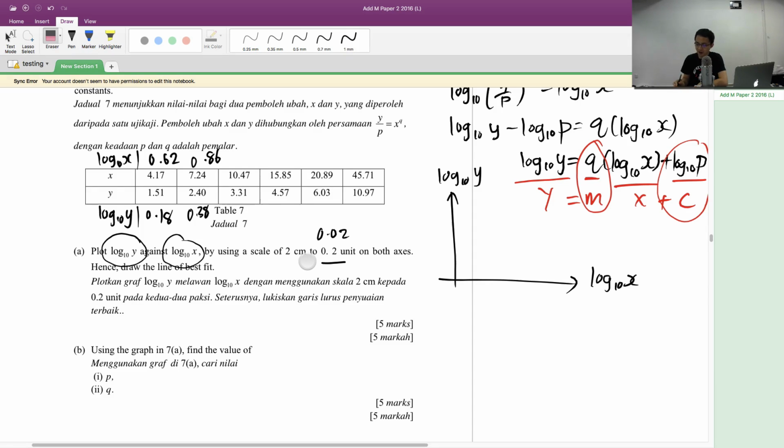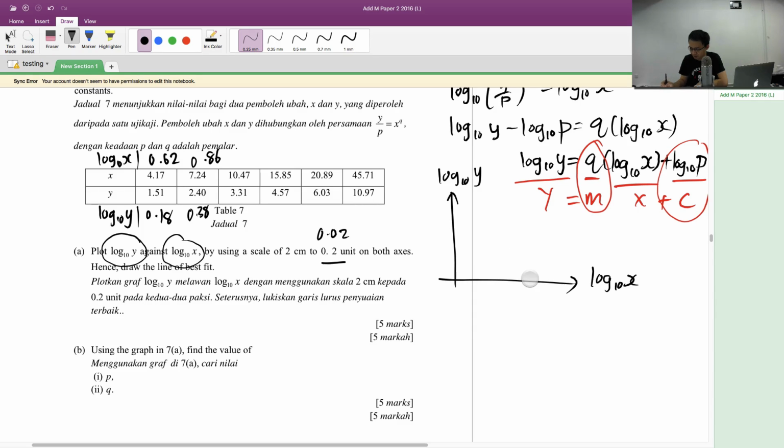Alright, so after that you just plot your graph. After you plot your graph, you should be able to get a straight line. So after you get the straight line, okay, let me just randomly plot, because I want to see the pattern on the graph. Okay, 0.62 and 0.18.